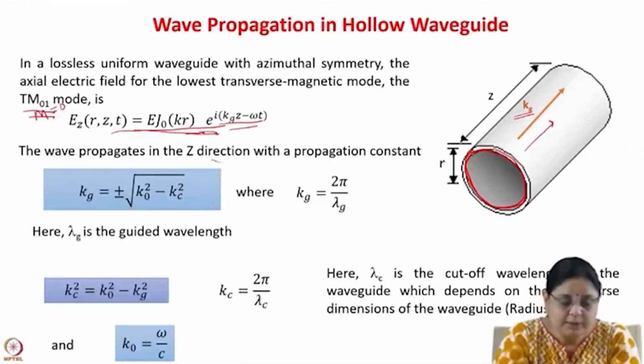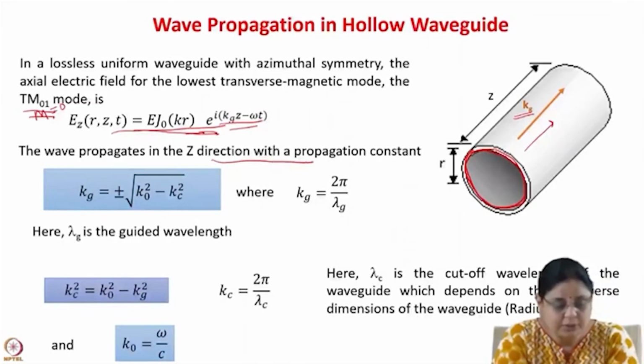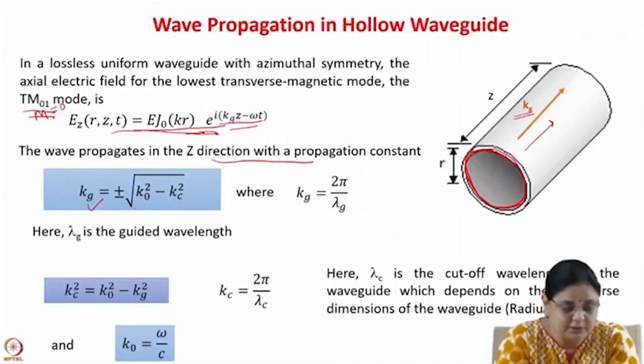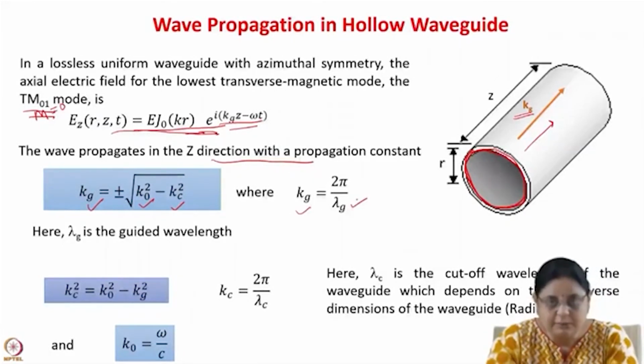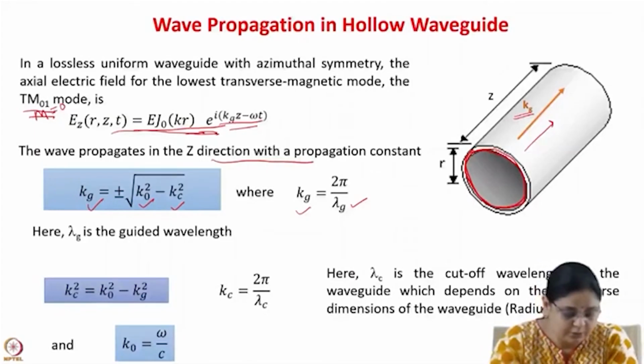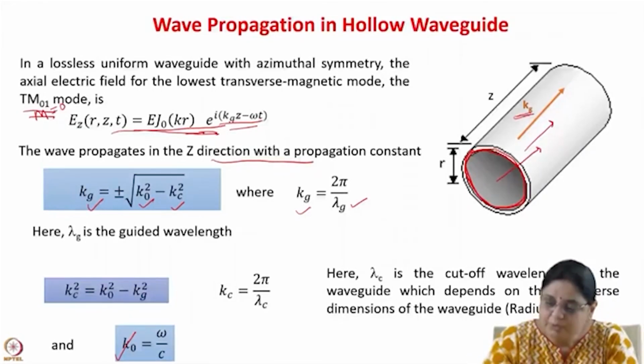The wave propagates in the z direction with a propagation constant kg, which is given as the square root of k0 squared minus kc squared. So kg is 2 pi by lambda g, where lambda g is the wavelength of the propagating wave. Originally the electromagnetic wave had a propagation constant k0 in free space. When it entered the waveguide, it is now propagating with a propagation constant kg.